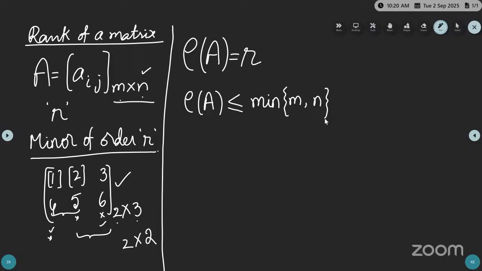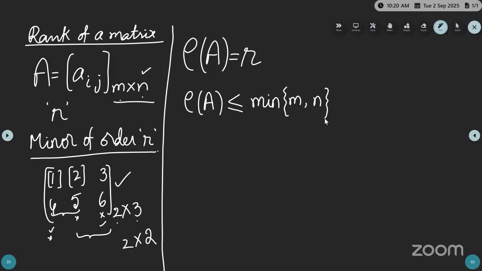So for this, what will be the rank? You can say now very easily. You have submatrices of order 2, and is the determinant of the order 2 submatrices zero or non-zero for this one? Non-zero. So what is the rank of this one? 2.